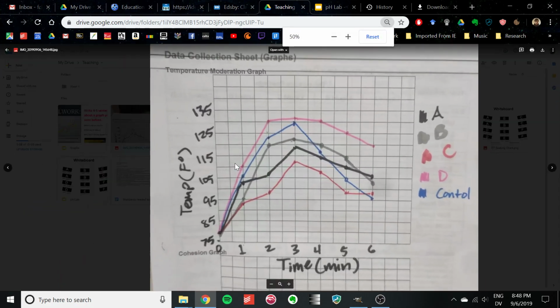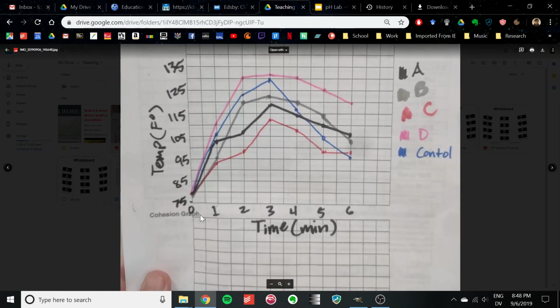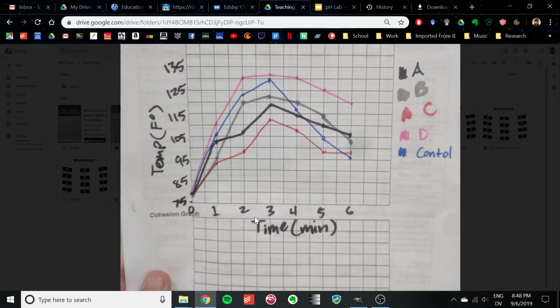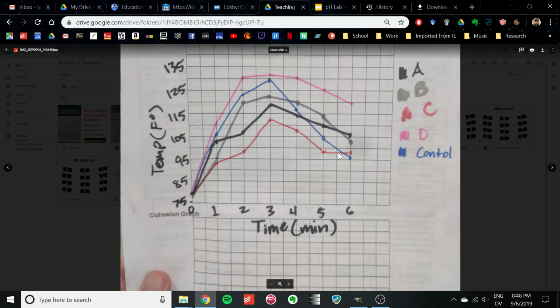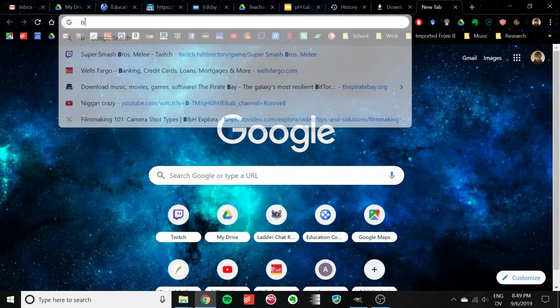Let's zoom out a little bit. The cohesion graph on your own as a bar graph. This is a line graph. If you do a bar graph for all of the averages of the cohesion data, I will give you extra credit. A bar graph looks like this.